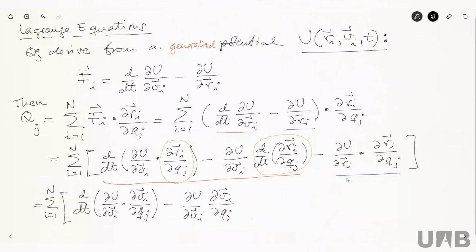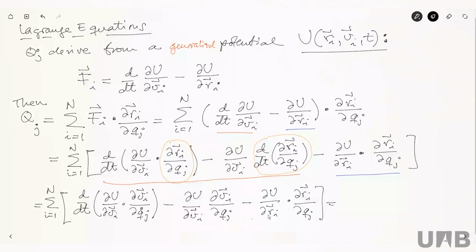Exactly. And then there is the last term, minus du/dr times dr_i/dqj. Yes, good. Okay. Now, what is this?